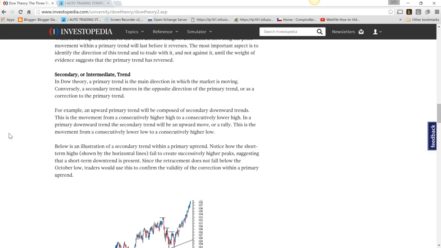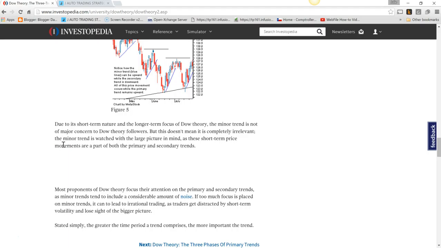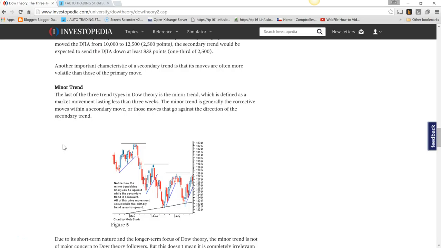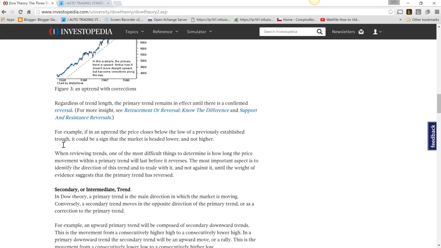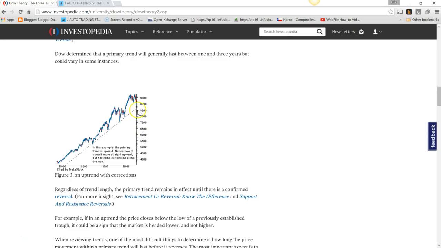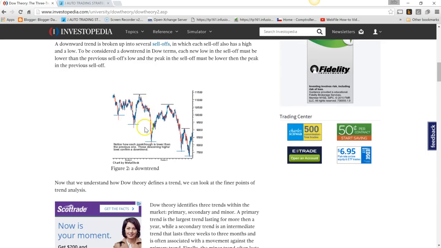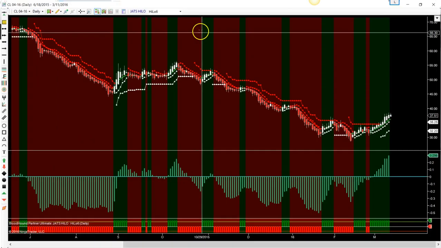And if you take a moment to review the Dow theory on Investopedia, you can see how to approach the markets to manage getting in and out of these trends between the time frames and using standard charting techniques such as trend lines and support and resistance. So with this very basic concept in mind, let's look at my chart.